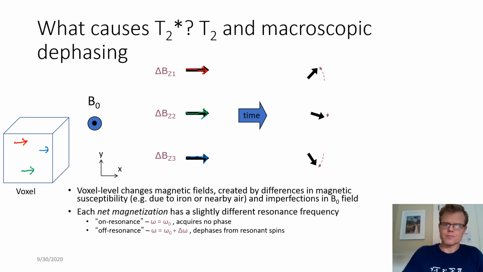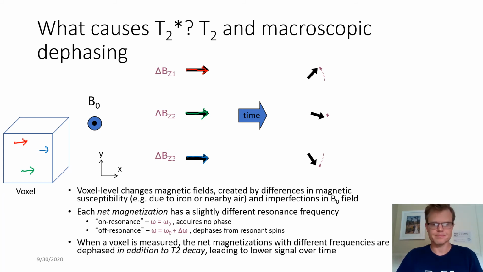And so now, because of these changes in the magnetic field, since the resonance frequency is proportional to the magnetic field, we're going to get slightly different rates of rotation, or frequencies, due to the different magnetic field experienced by each of these net magnetizations. Then when we measure the signal across this entire voxel, which is the smallest element that we can decompose our signal into, we're going to get the T2 decay.